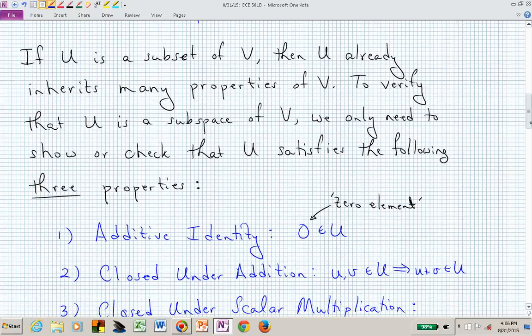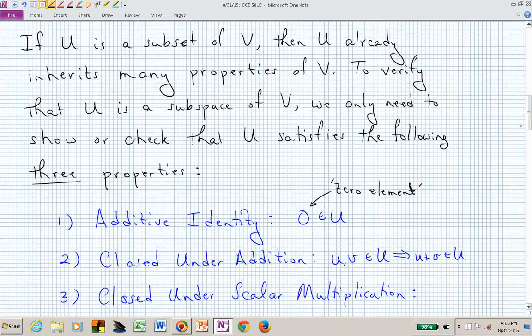Now, like we talked about last time, if U is a subset of V, then just because U is a subset of V, it inherits a lot of the properties of the underlying vector space V. Because of that, we only really need to verify 3 different properties on U that will make it a subspace.